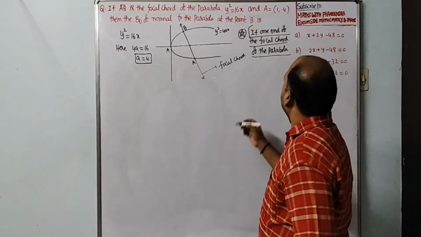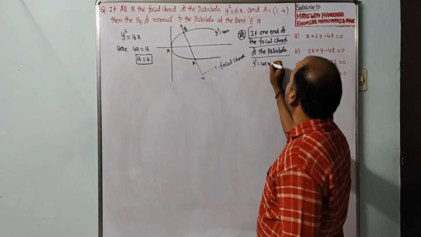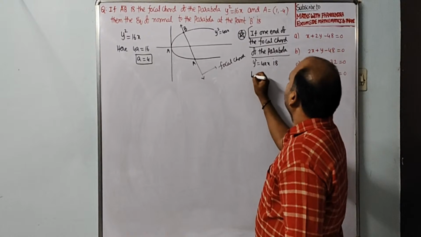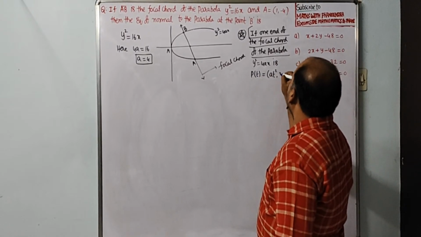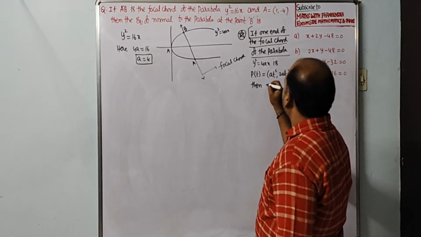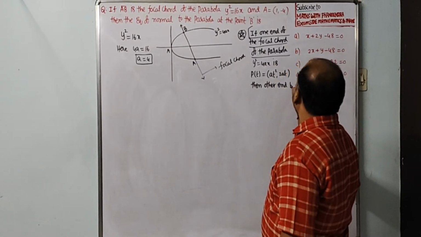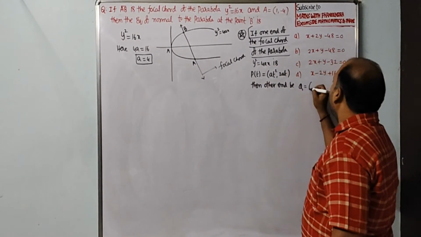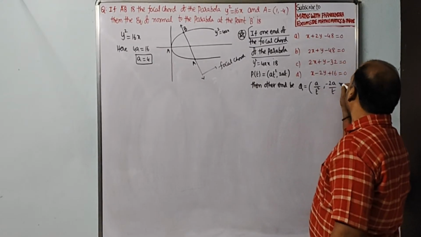The standard result of the parabola y square is equal to 4ax is P of t, that is at square comma 2at, then the other end B is Q of a by t square comma minus 2a by t.